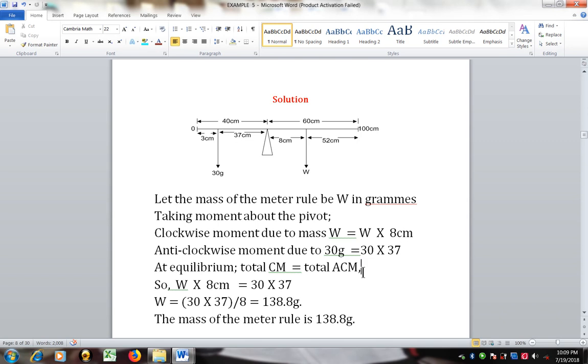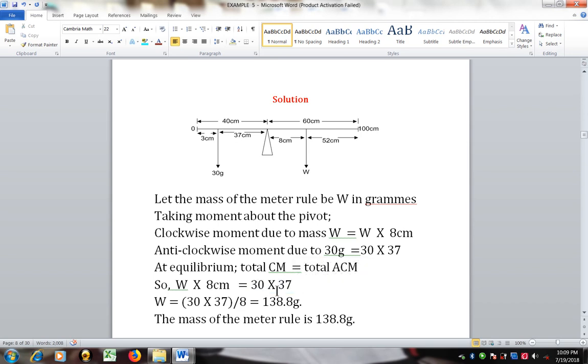That is the principle of moments, which states that at equilibrium, total clockwise moment is equal to total anticlockwise moment about a particular point. So we equate the clockwise moment and the anticlockwise moment.